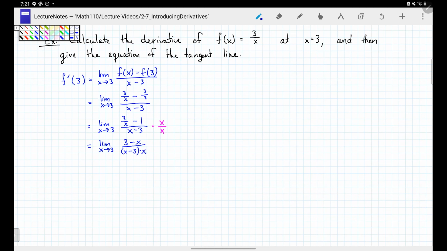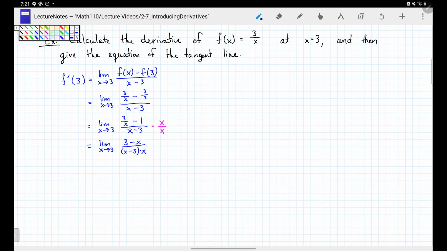And I'm not going to multiply that through in the denominator because I want this to simplify. Now, calculating that limit, of course, we should try direct substitution, and it's not going to work. It's going to give us a 0 in the numerator and denominator. So that tells us that we should be able to mess around with it and simplify.